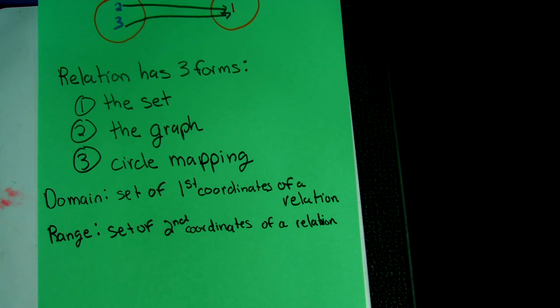Alright, so let us try an example practicing domain and range. Okay, so we're going to do example 4 now. In example 4, we're going to look at the 3 ways that relations can be represented, and then we're going to find the domain and range of each relation.